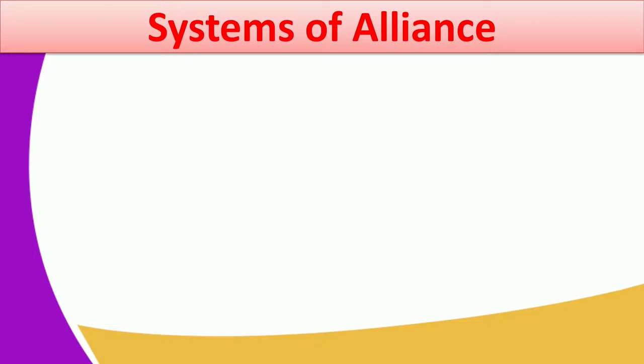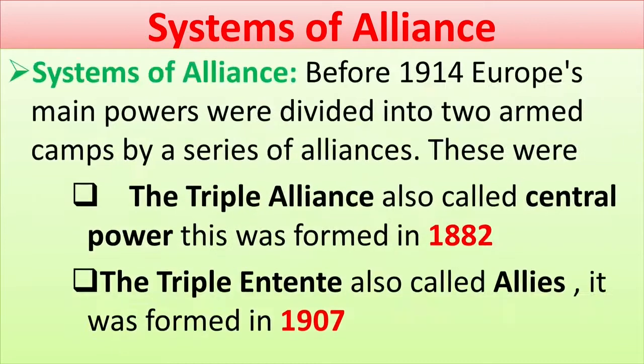Another one was the System of Alliances. The System of Alliances came before 1914. That is, Europe's main powers were divided into two armed camps by a series of alliances. These alliances were the Triple Alliance, also known as the Central Powers.